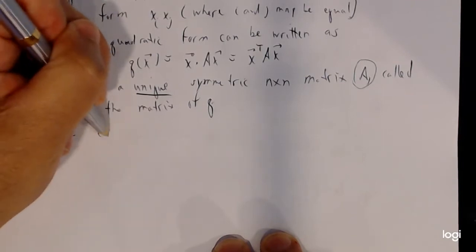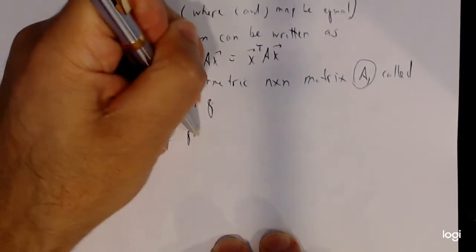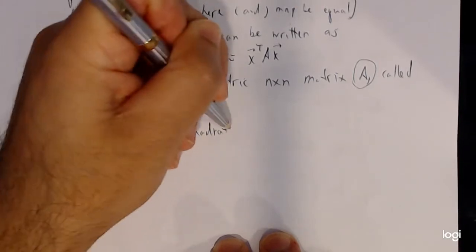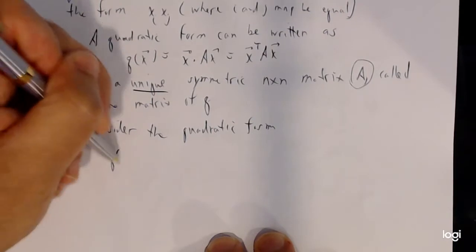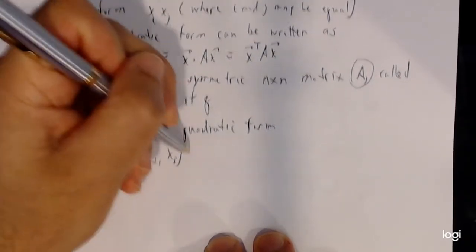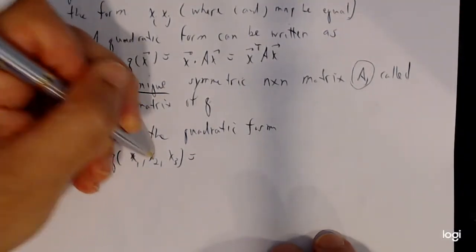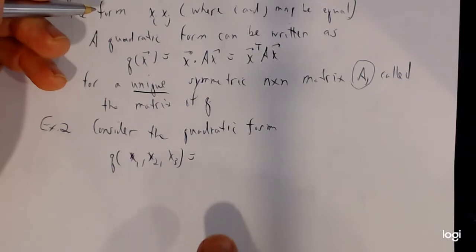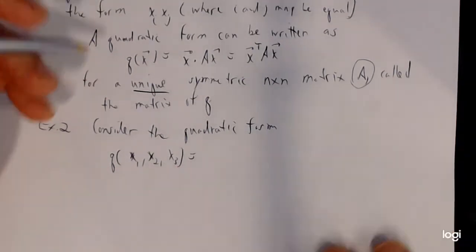So we're going to say, consider the quadratic form Q of x sub 1, x sub 2, x sub 3. And remember, it's okay if I have x sub 1, x sub 2, x sub 3, except when we're dealing with quadratic forms, we can only multiply 2 of them at a time together, right? That's by definition what a quadratic is.